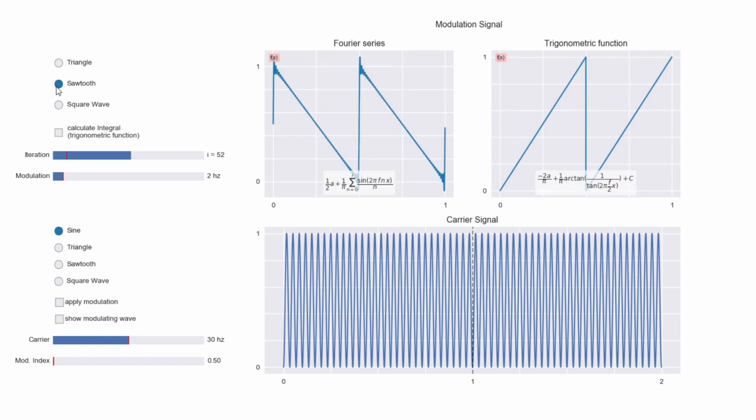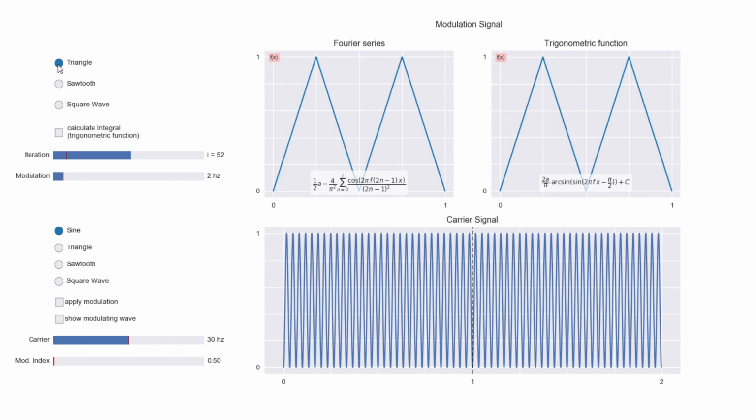Now the formulas for the sawtooth and the triangle wave are a bit more complex, but the principle is basically the same. Here you have the sine wave, and you can see 2 pi times f times x, and here you set the frequency. Minus half p is just to shift this function on the x-axis, and that's it.